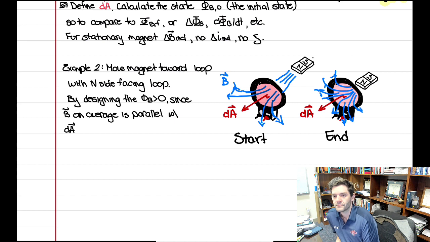So, and I'm depicting kind of a start and an end, so of course this is then going to give us sort of an average. I won't need calculus to do this.